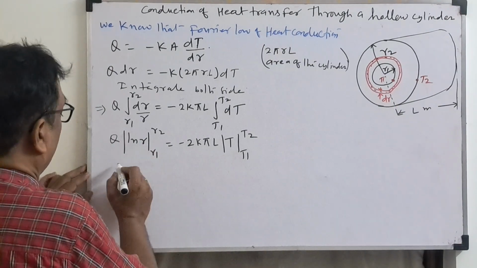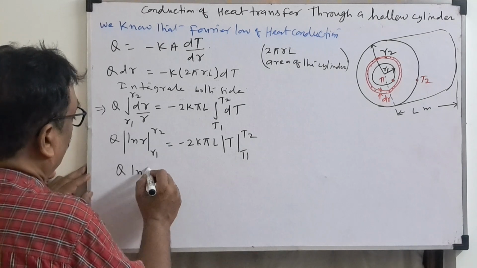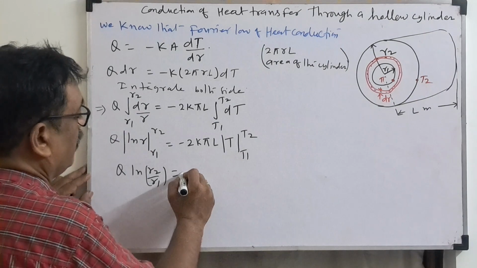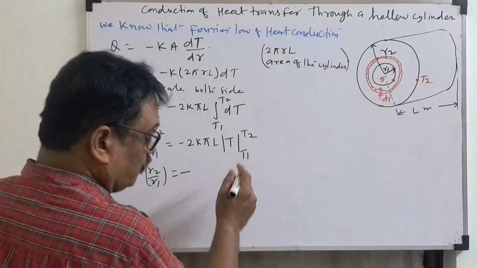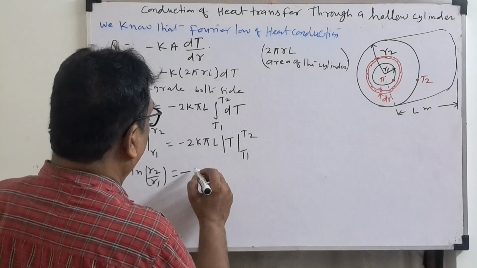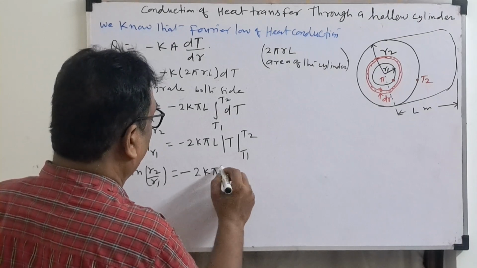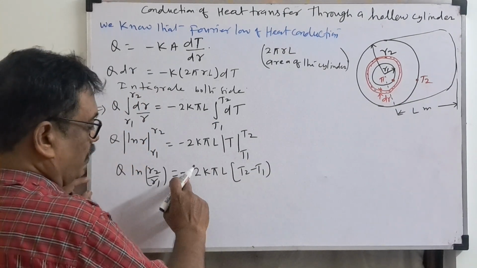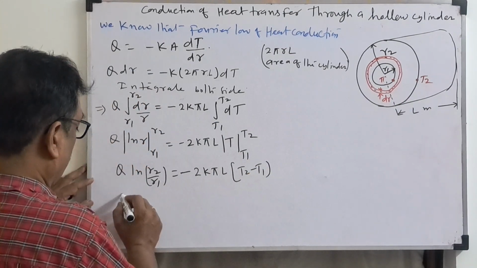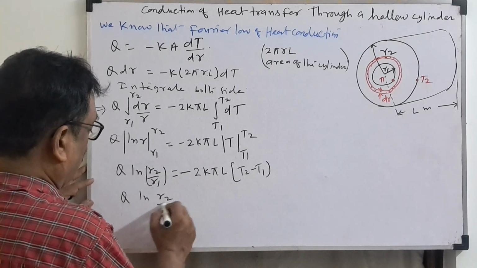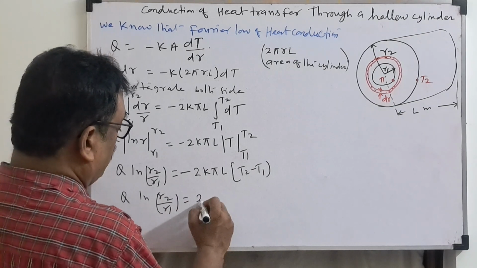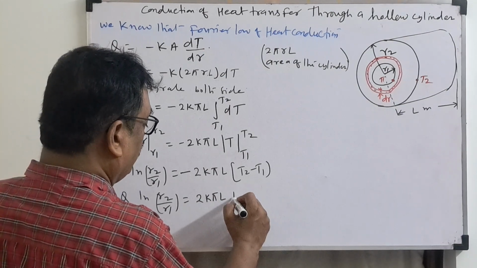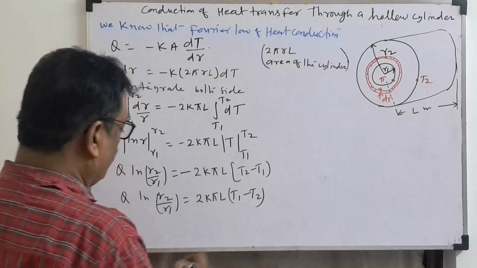So we can write Q ln R2 by R1 is equal to minus 2 K pi L (T2 minus T1). If we remove the negative, write T1 minus T2. So Q ln R2 by R1 equals 2 K pi L (T1 minus T2). Now what is the thermal resistance?